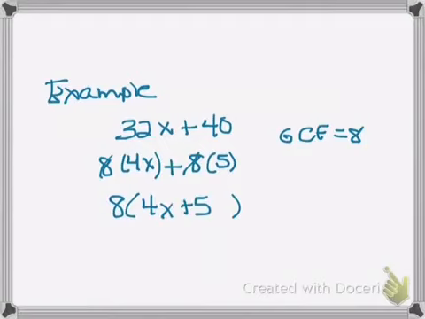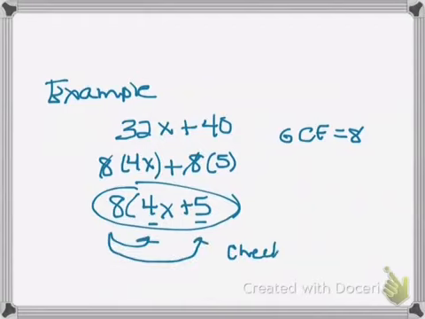Now we're done at this step, but I've got a couple of ideas for you to think about to know if you've done the correct greatest common factor. So you can look and see that 4 and 5, they don't share any factors. So you did pull out the greatest common factor when you pulled out 8. And to test it, you can redistribute 8 back through 4x and 5. 8 times 4x is 32x, and 8 times 5 is 40.